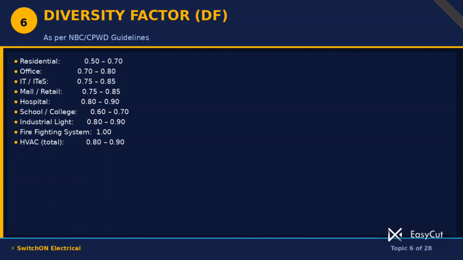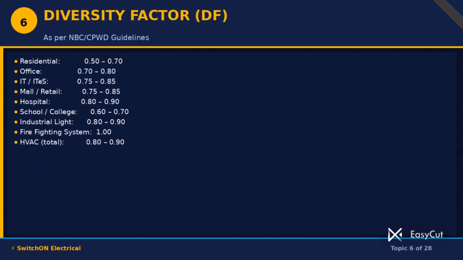Suppose, just take an example, if you load your transformer just on connected load, the loading will be more, it will be overloaded. Why? Because you will not run that load all the time, all day, right? So you have to consider demand load when sizing the transformer or any equipment, or even cable sizing and breaker size also.